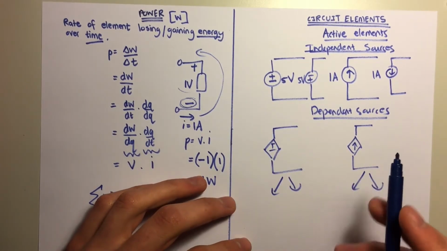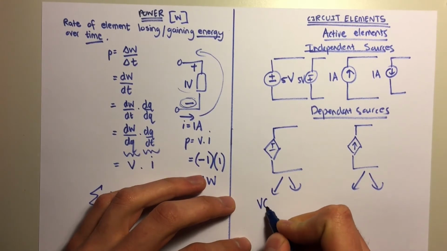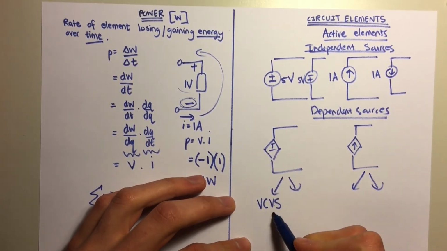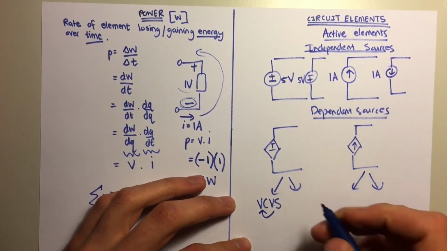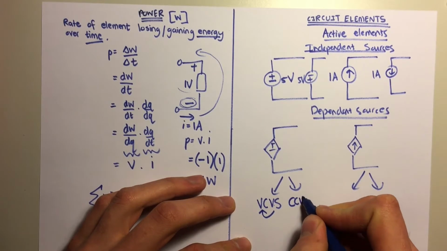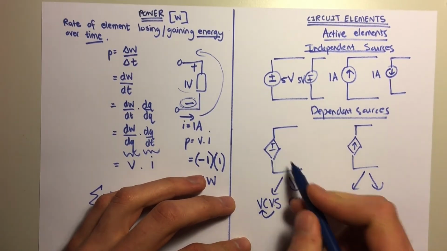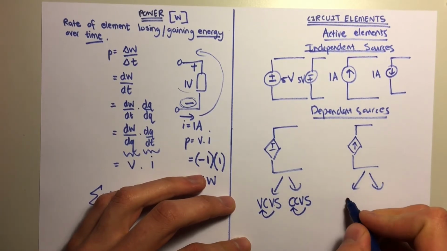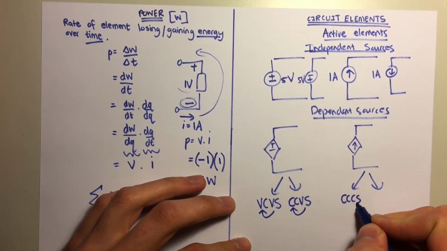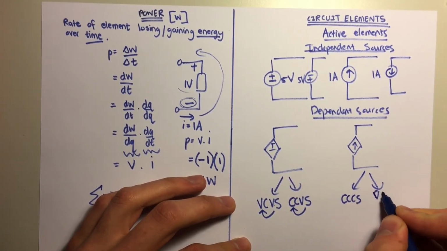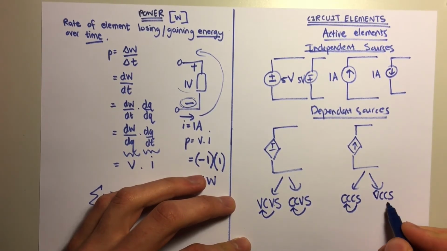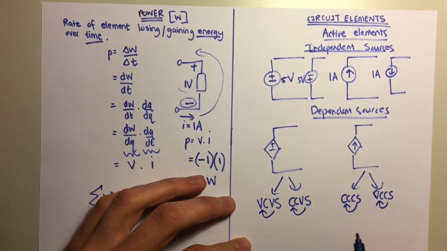We name them voltage controlled voltage source, which is a voltage source controlled by another voltage, and current controlled voltage source, which is a voltage source controlled by another current. You get the same with current sources: a current source controlled by another current, and a current source controlled by another voltage.